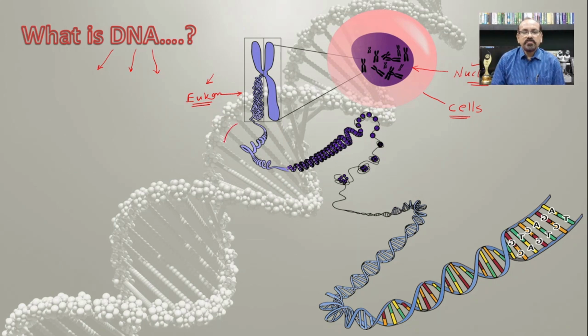This chromosome is made up of different components like DNA, histone and non-histone proteins, and all these together are responsible for the formation of these chromosomes.